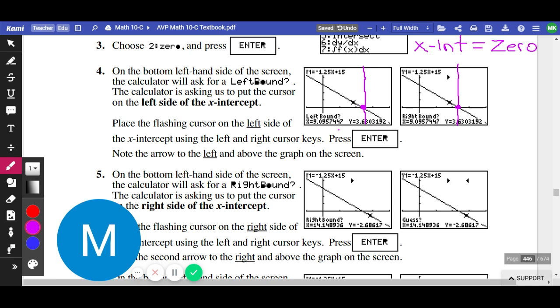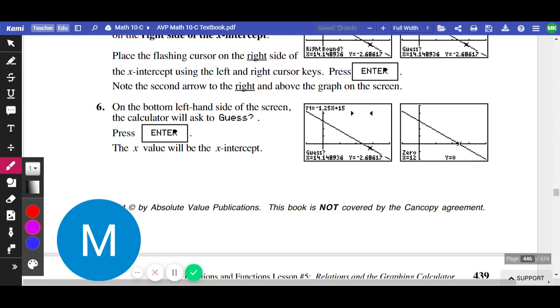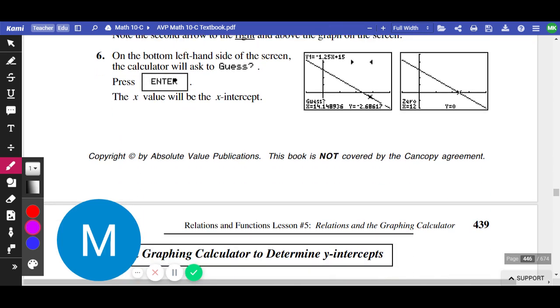We never use the guess feature. Hit enter one more time, and it'll tell you exactly where your x-intercept is. For this question, it should now say this. That means that x equals 12 is your x-intercept. Your y value is 0, which we know because all x-intercepts have y equal to 0.